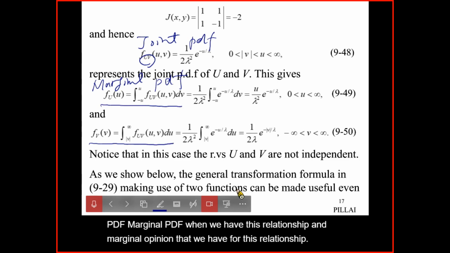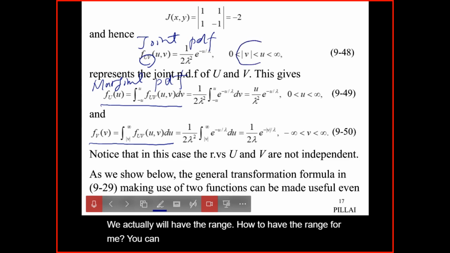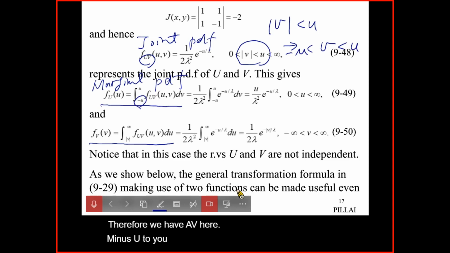If we want to have U, we have the integral based on V. So V will have a range. How do we get the range for V? You can take this to have the range of V. Therefore, we have V from minus U to U. Therefore, we have the range for the integral.